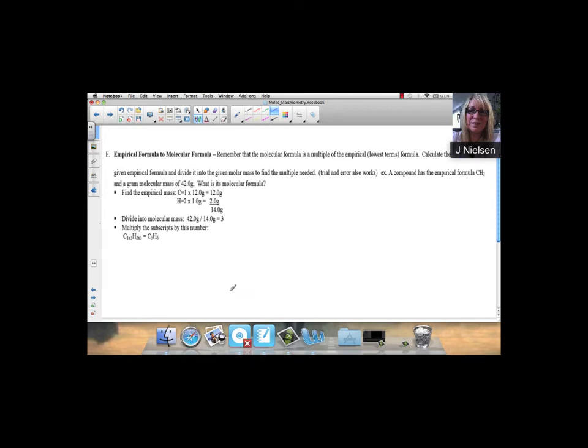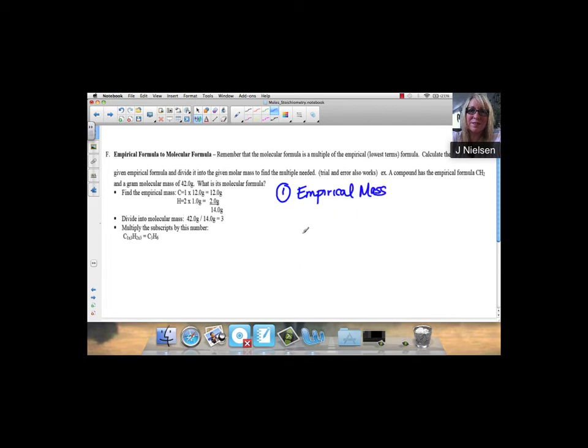Empirical formula to molecular formula. Remember that the molecular formula is a multiple of the empirical formula. Calculate the mass of the given empirical formula and divide it into the molecular mass. So basically, I went over this the other day. First thing you need to do is find the empirical mass.